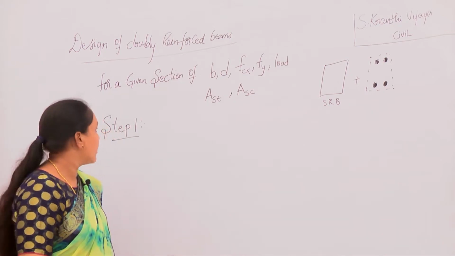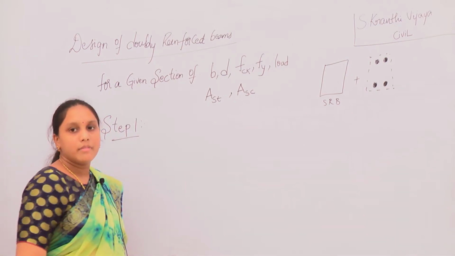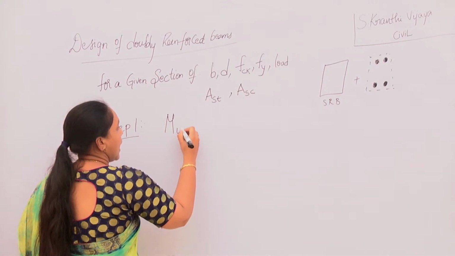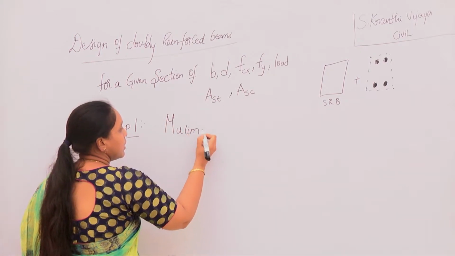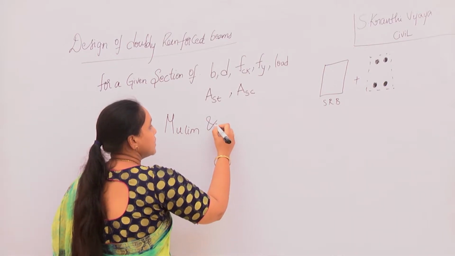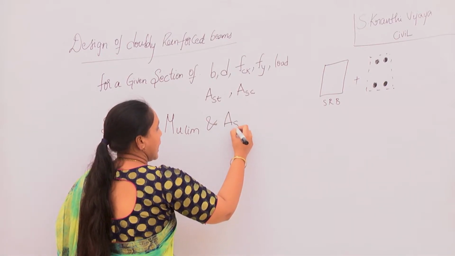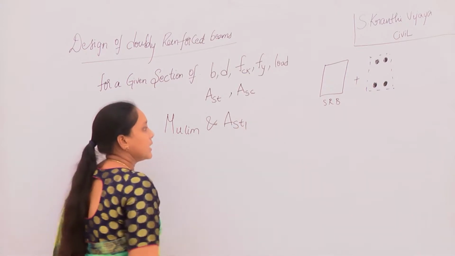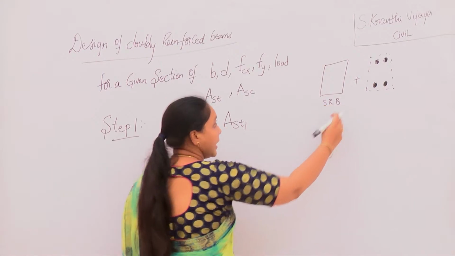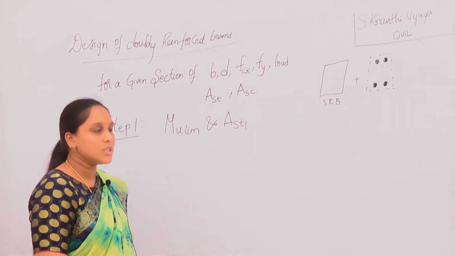In the first step, we are going to find out the MU limit and the corresponding AST1, that is the area of tensile steel, considering the balanced condition for a singly reinforced beam.